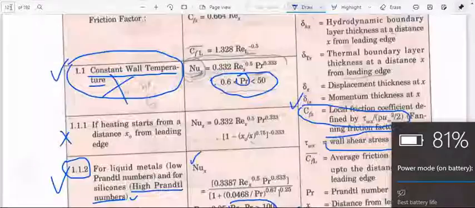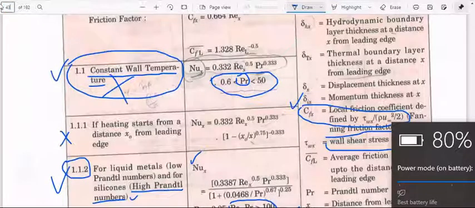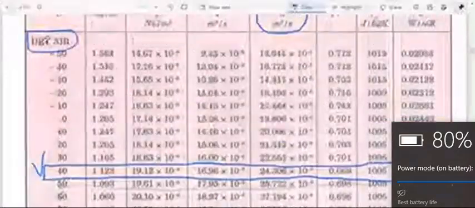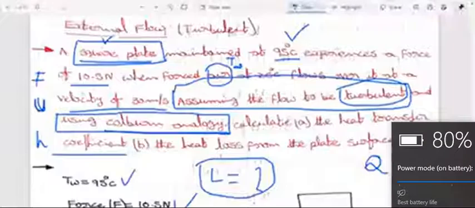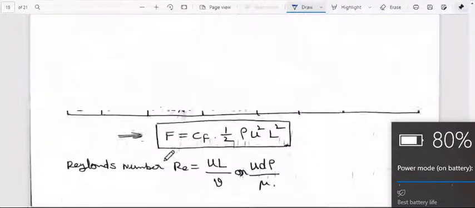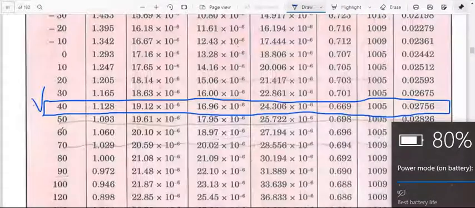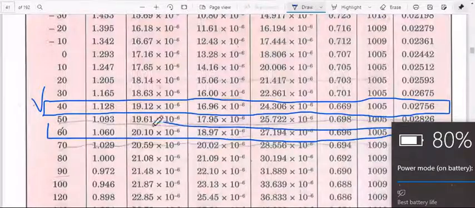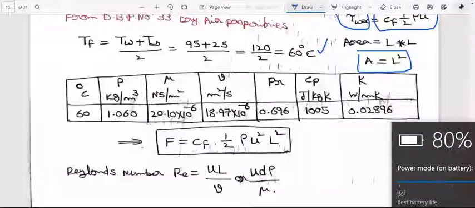Now we need to consider dry air properties from data book page number 33, at 60 degrees. So this is the 60 degrees value.